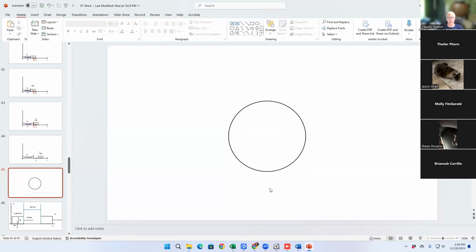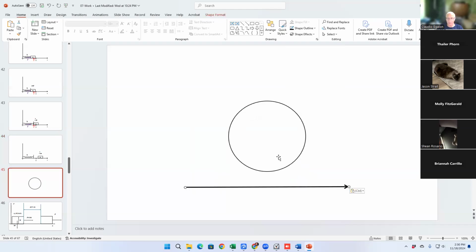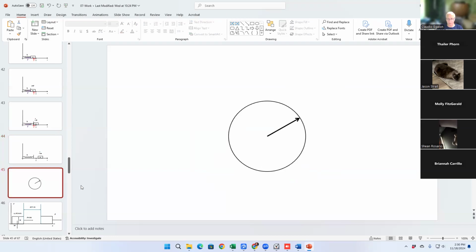Here you go. Here's the Earth. Remember, we are using the universal law of gravitation, right? Radius r. You cannot use mg in this case. You have to use the other equation. Radius of the Earth for r.